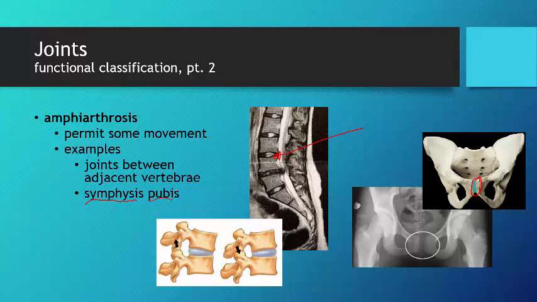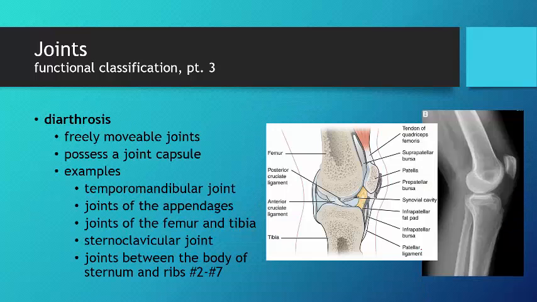I've been calling it the pubic symphysis, and I believe that is also a quite fine term to use, but symphysis pubis is more common, or maybe more correct. And here's an x-ray showing where that symphysis pubis is found and what it looks like under x-ray. So Amphiarthroses, they permit just a little bit of movement.